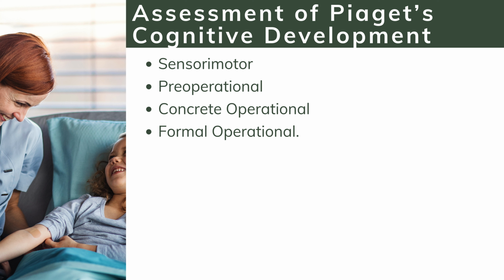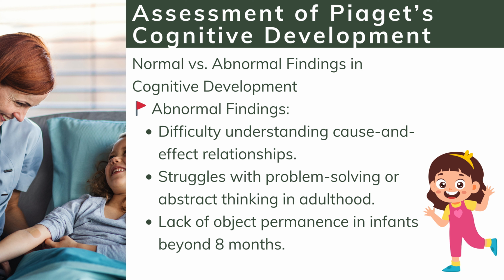Normal findings for this include age-appropriate problem solving and the ability to distinguish between real and imaginary concepts. Abnormal findings could include difficulty with abstract thinking in adulthood, and lack of object permanence in infants over 8 months.